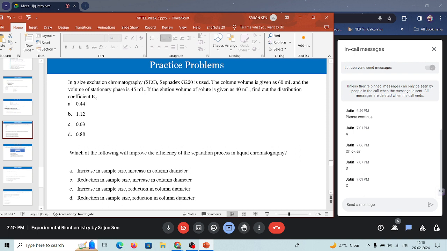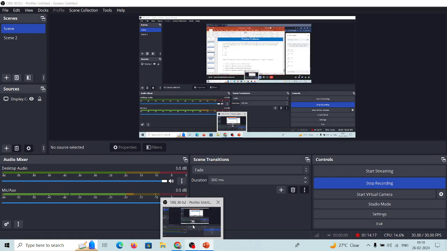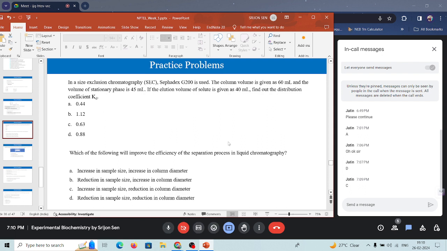If you know the equation, you can try. Otherwise, I will definitely be discussing it, so nothing to worry. What is mentioned? The column volume is 60 ml, the volume of the stationary phase is 45 ml, and the elution volume is 40 ml. Okay, let us do it then.